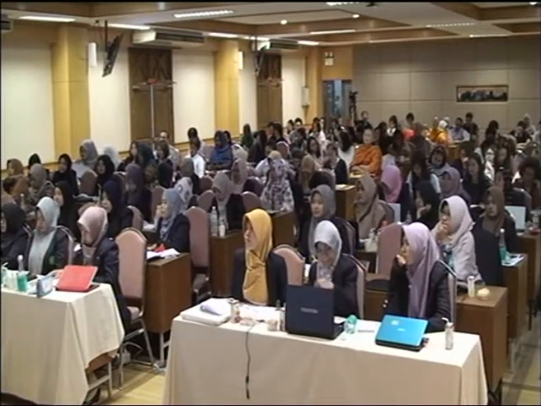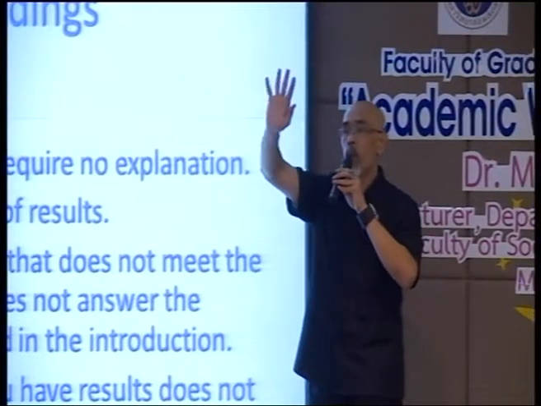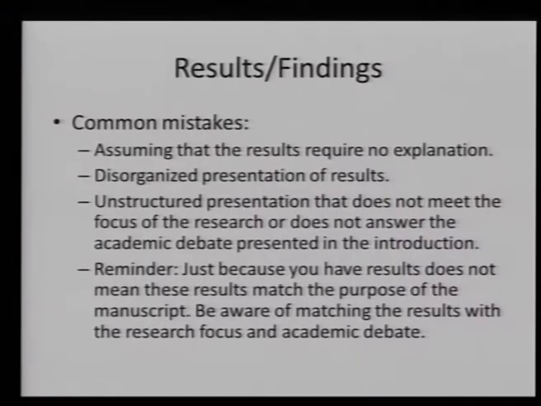Now, moving forward from methodology to findings. Common mistakes that writers and authors make when they submit. They assume that the results require no explanation. "A numerical value of more than 0.13 was found." Look, I'm a qualitative analyst.